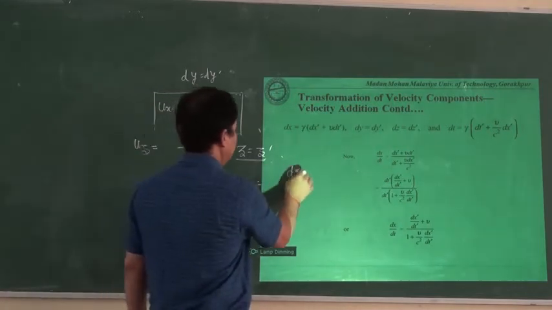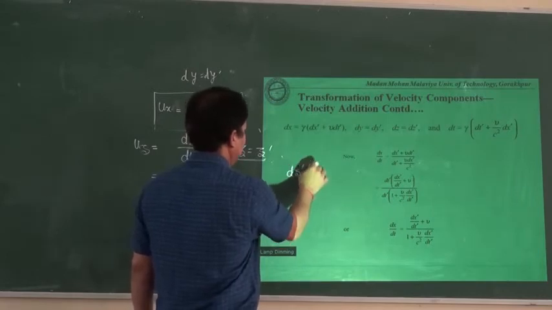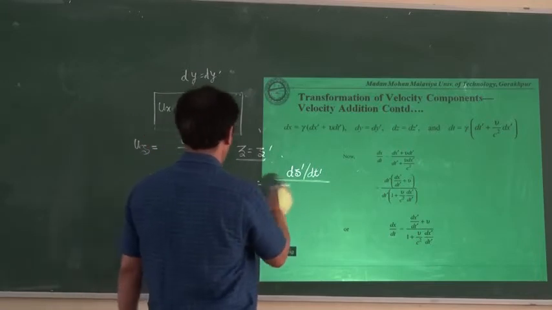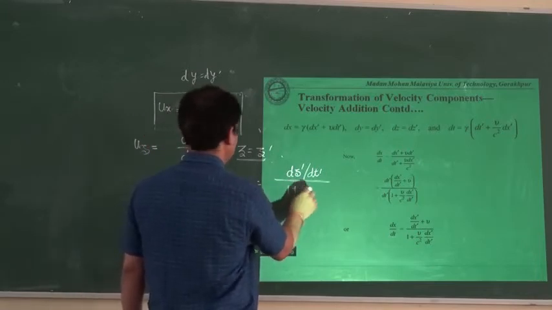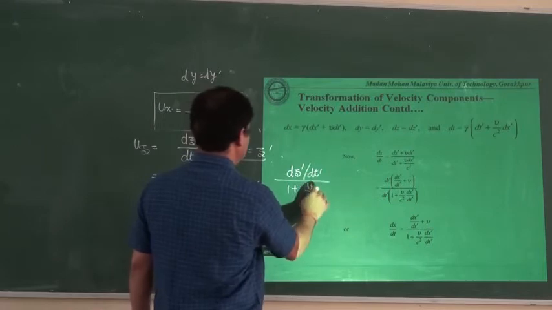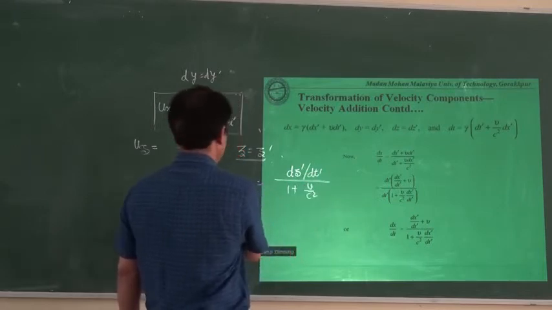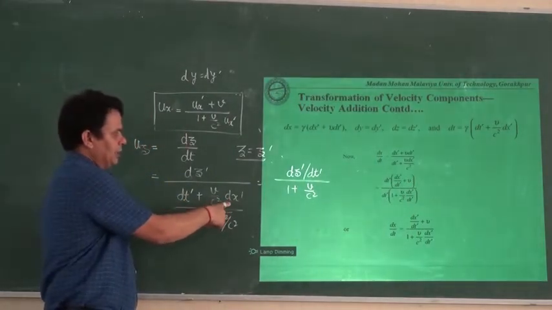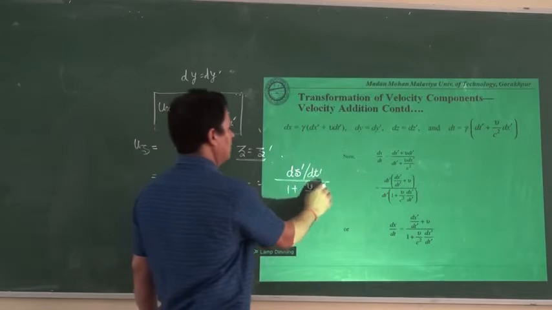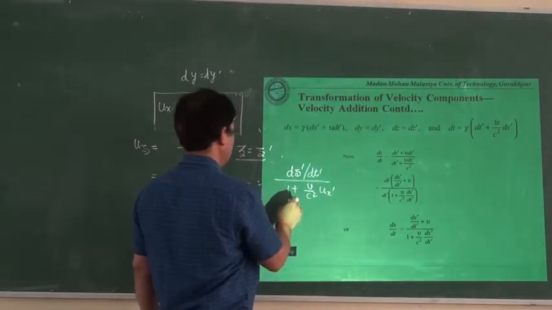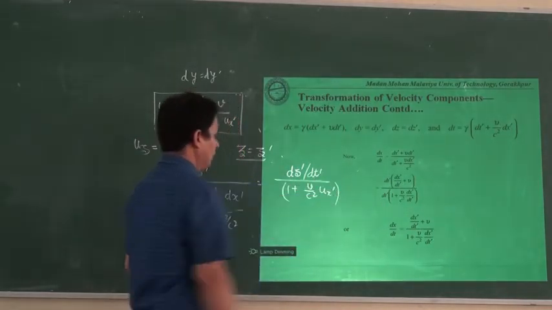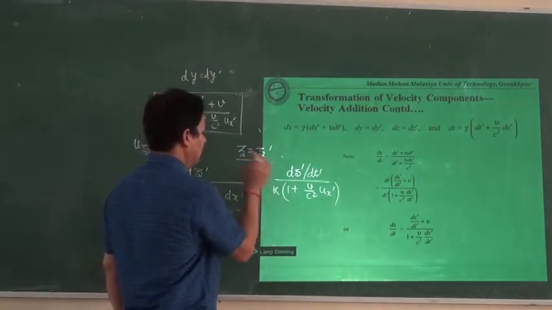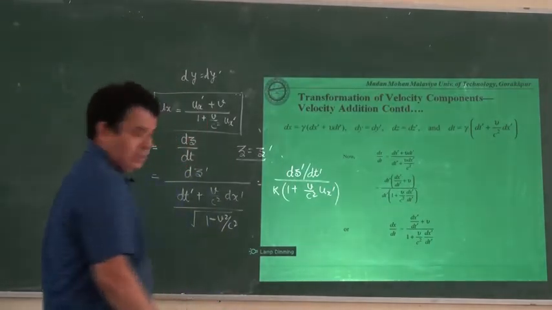Then finally we will write here dz dash divided by dt dash, and here in the denominator we'll have 1 plus v upon c square, and since we have taken dt dash as common, it will be dx dash upon dt dash, that will correspond to ux dash, and there is a quantity here in the denominator, that's why we will write a k here as a multiplier.